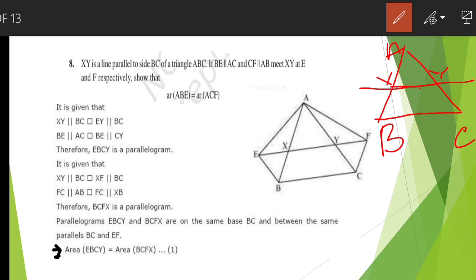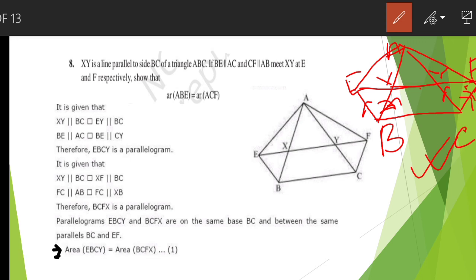So BE is parallel to AC, and CF is again parallel to BX. So we get a diagram like this. Now we have to join E and F. Since I'm not so good with hand diagrams, this is copied from the question, and I have already pasted this diagram before.